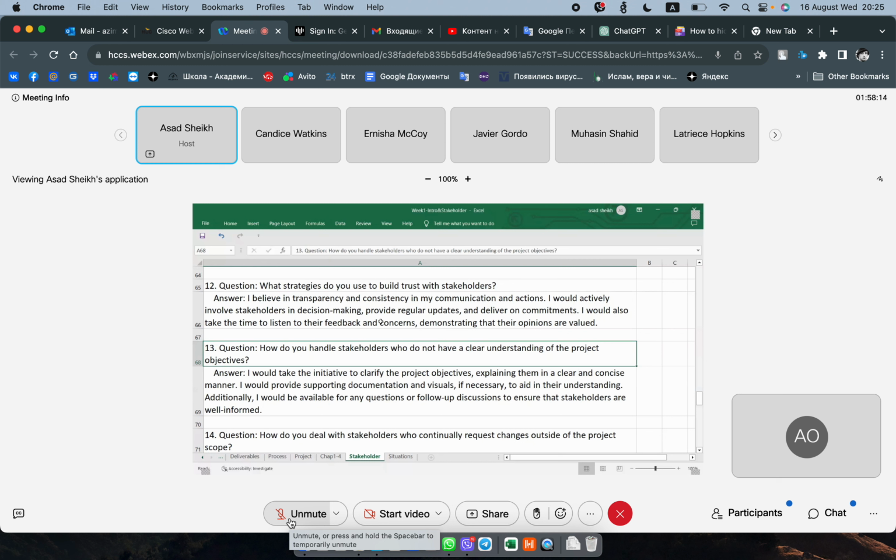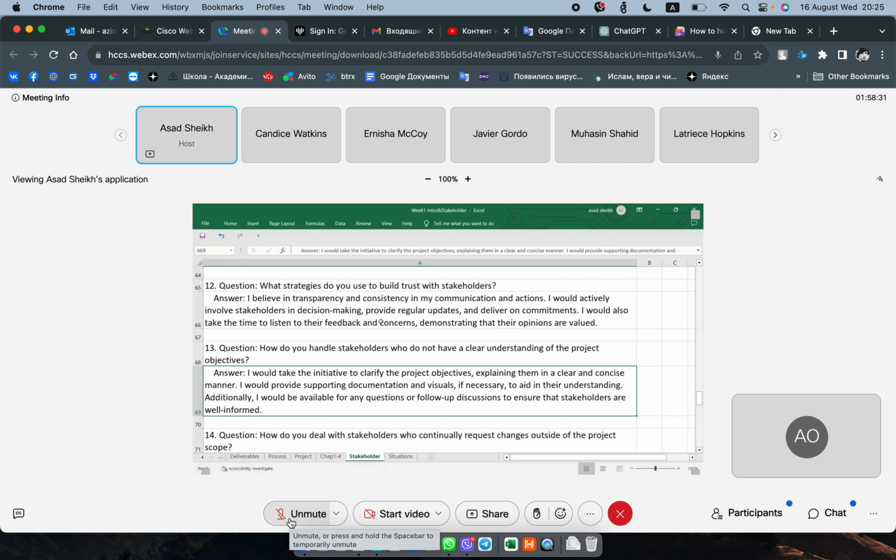How do you handle stakeholders who do not have a clear understanding of the project objectives? So let's see again, those four or five things mentioned would come into play. How? I would take the initiative to clarify the project objective.